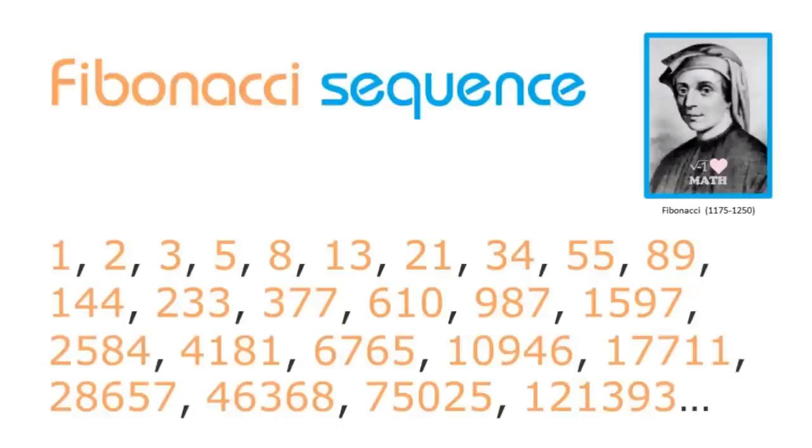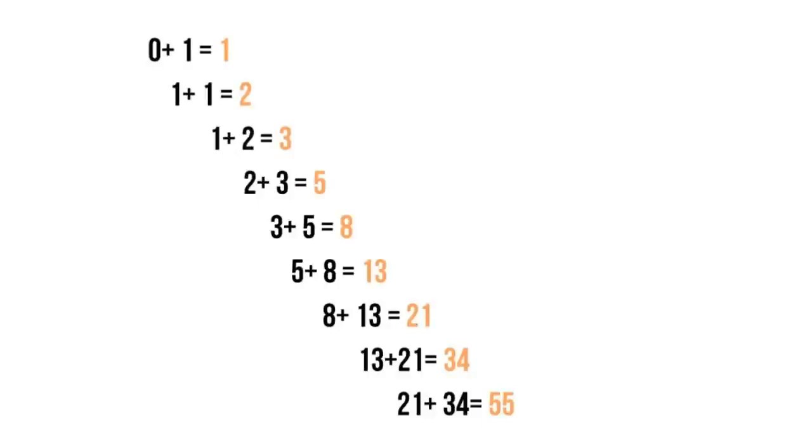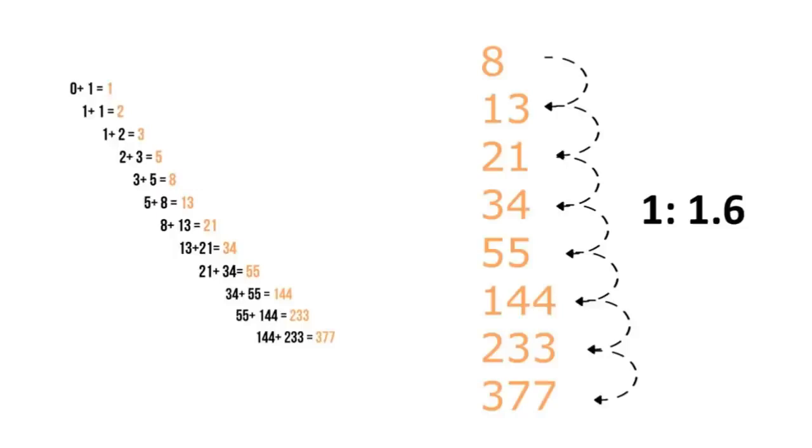The Fibonacci sequence, the mathematical sequence of adding the last two numbers that came before, starting with 1. As the sequence continues, a constant ratio of 1 to 1.6 appears. This is called the golden ratio and continues indefinitely.